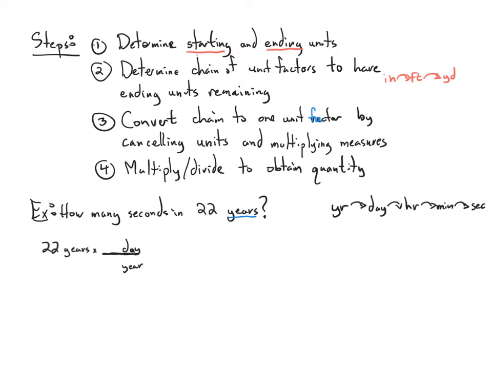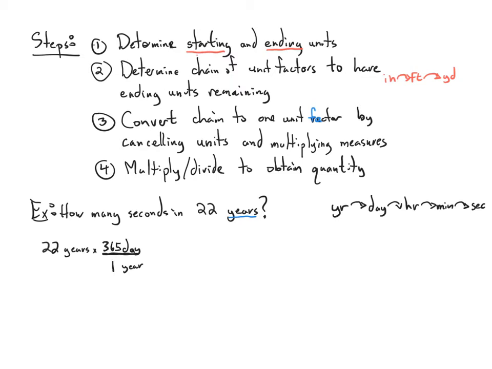The easiest way to think about it is years start off in the numerator, and I want to cancel them out, so they go in the other place. They go in the denominator. So days go in the numerator. And we all know that 1 year is the same as 365 days. Again, ignoring leap years and leap seconds, just the usual 1 year is 365 days.